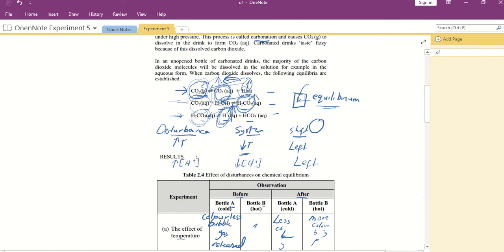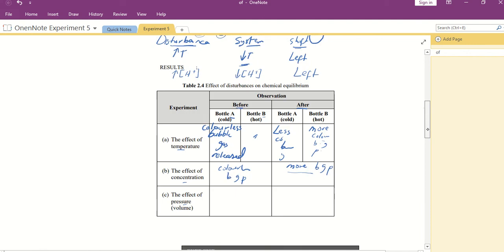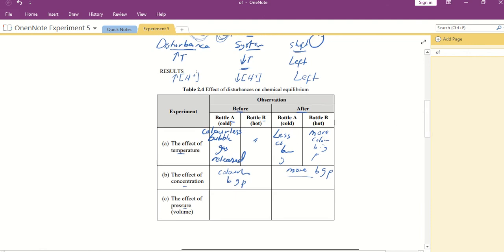And the effect is that more CO2 gas is formed. More CO2 gas is released, leaving the carbonated drink feeling flat, taste flat. And then the last one is the effect of pressure.